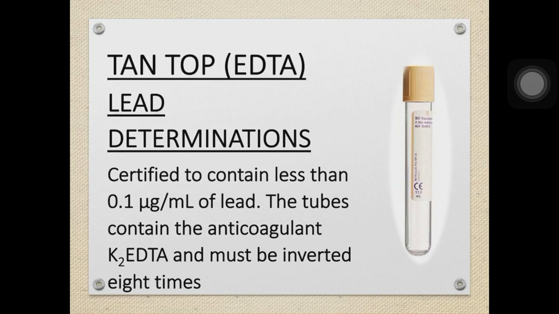Kung maalala niyo po sa red cell naman, or sa hema, anong hinahanap sa red cell in case of lead poisoning? Basophilic stippling. Again, for lead determination, preferred sample is whole blood. Anong collection tube? Tan stopper na tube. Anong anticoagulant? EDTA.